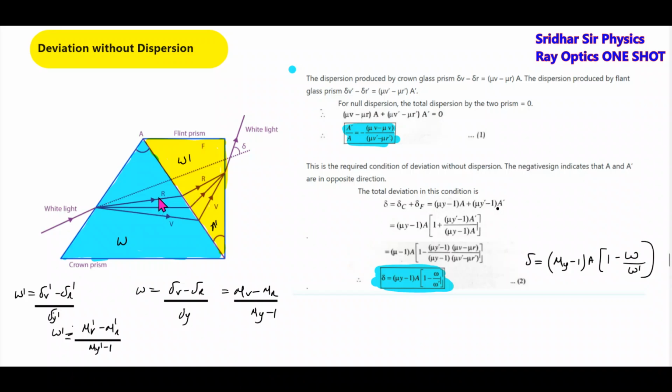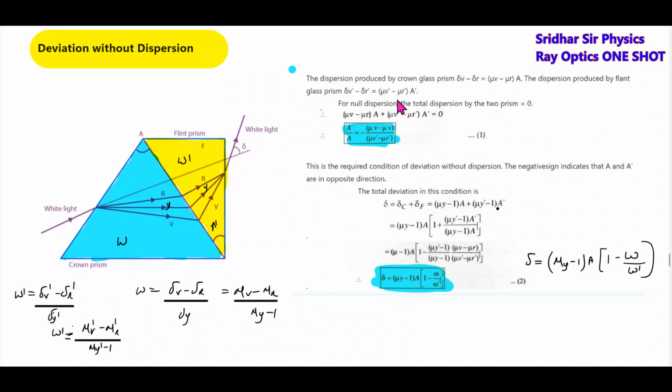I'm just showing only three colors: red, yellow, violet. Then the next prism, the flint prism, will again bend the rays of light such that the resultant emergent ray will be white light, and this resultant emergent white light will make some angle with the incident white light. So the incident beam was white light, the emergent beam was white light, therefore the net dispersion is zero, but there is a deviation.